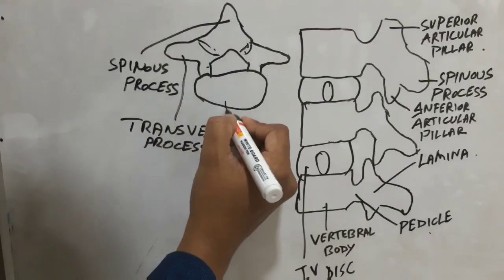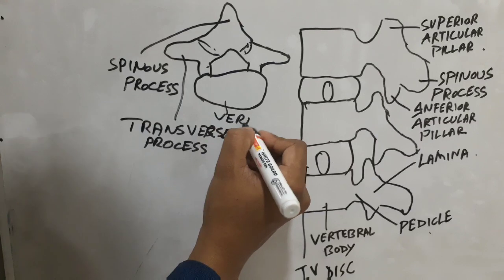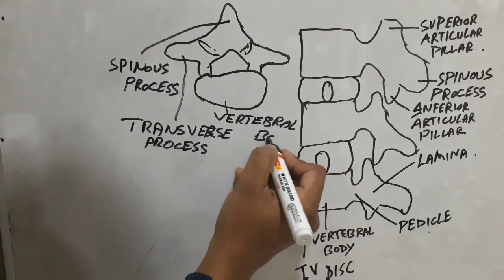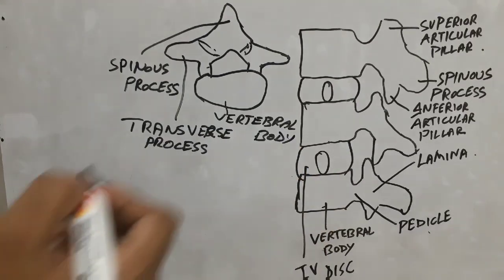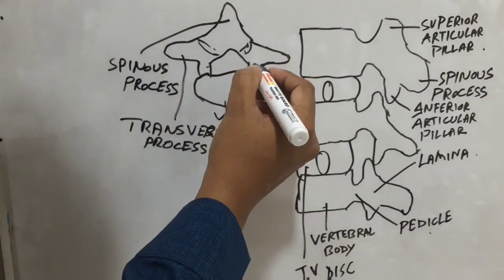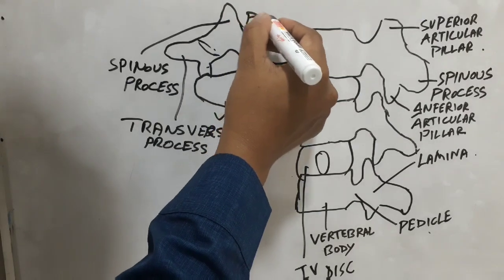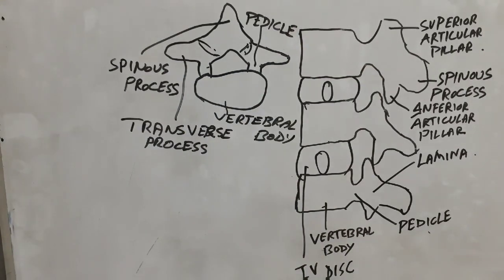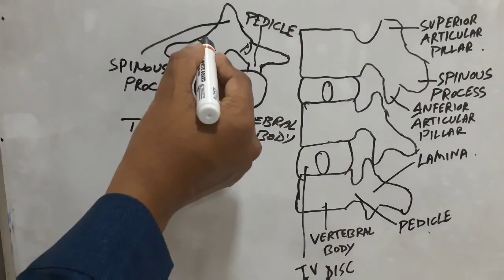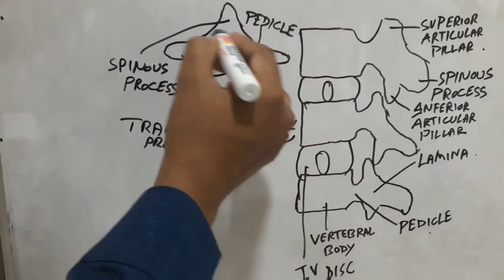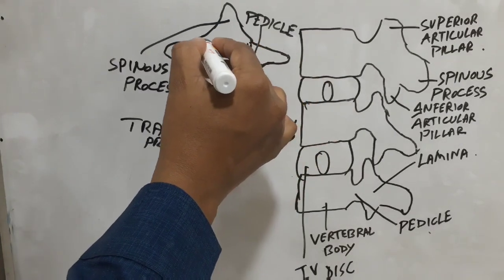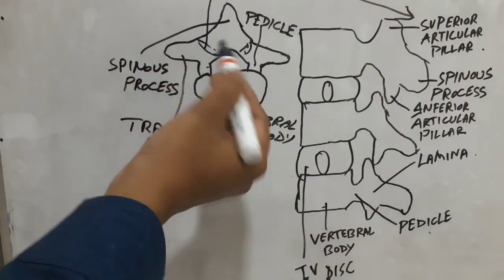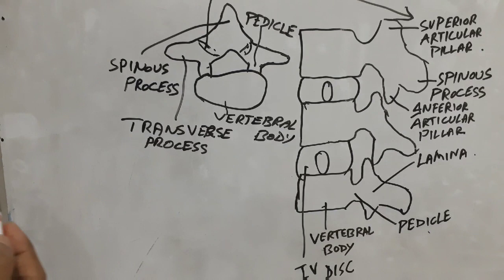Vertebral body. Pedicle. This is superior articular pillar, and you can say facet also.